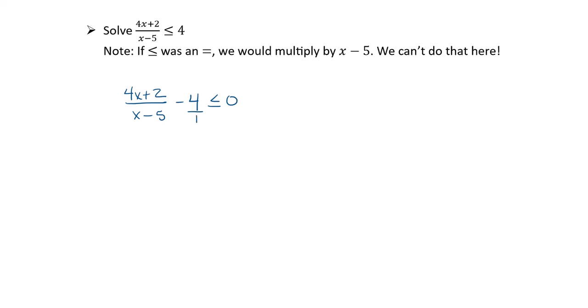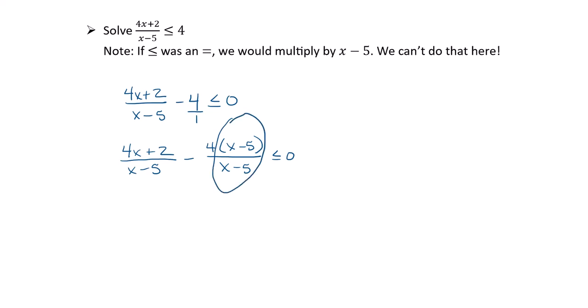Now we're just adding and subtracting fractions here, so I need to get a common denominator. 4x plus 2 over x minus 5 minus 4 times x minus 5 over x minus 5 less than or equal to 0. So I'm multiplying 4 over 1 by 1 in the form of x minus 5 over x minus 5, just so I can get a common denominator.